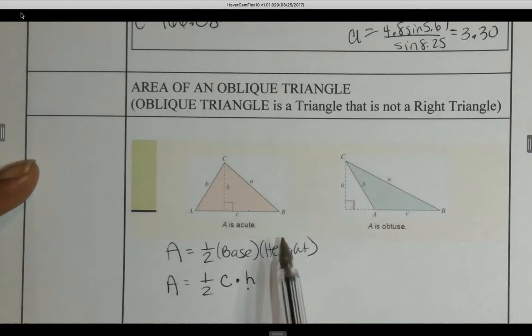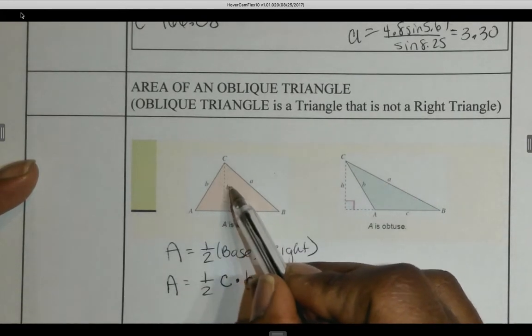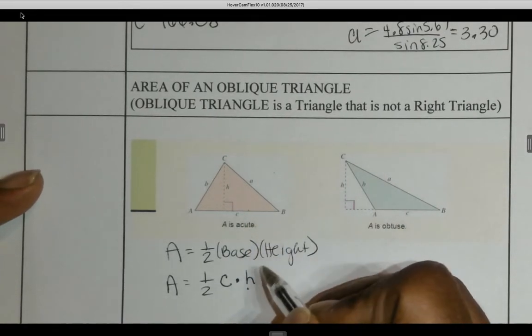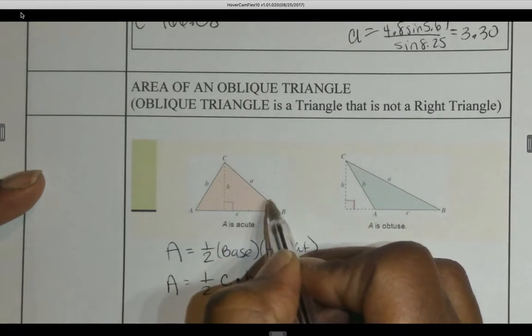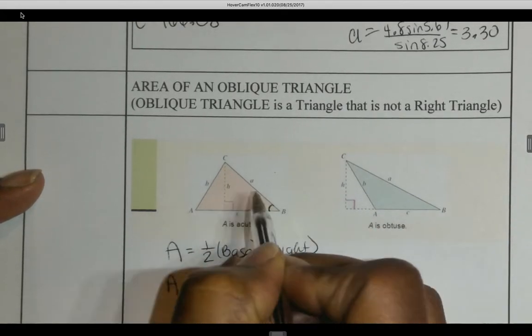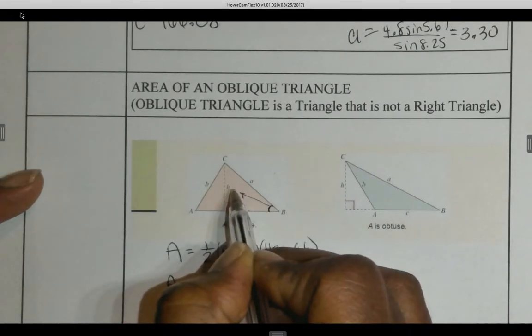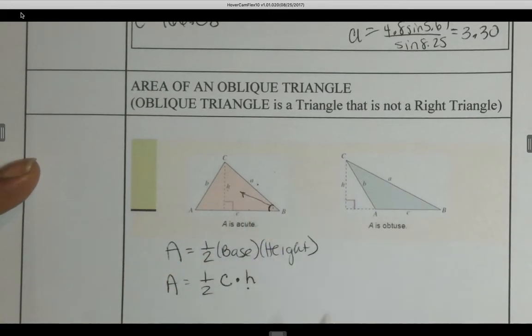That's okay because we do know how to find H using sine ratios. Maybe I don't know what H is, but I do know that H is opposite of angle B. So if I use sine, sine of angle B equals H over A, the hypotenuse.